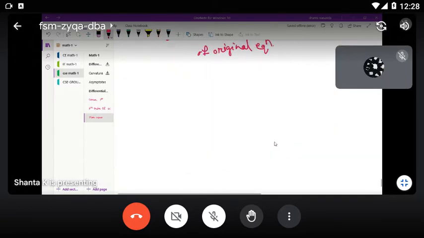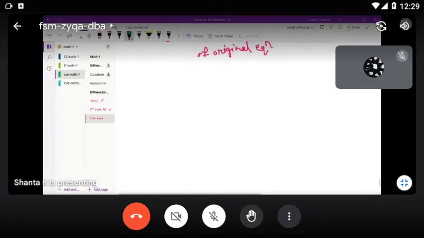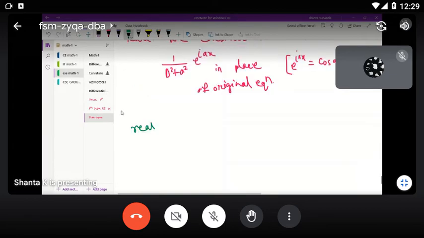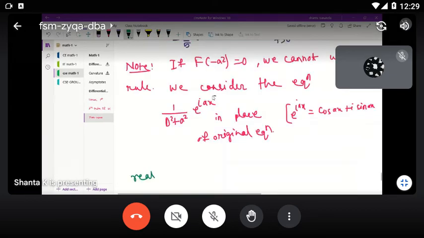Okay. So now we find the particular integral of this one, and once you find it, from that we will consider the real part.